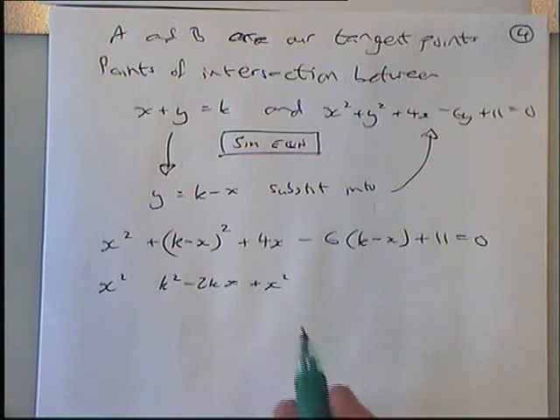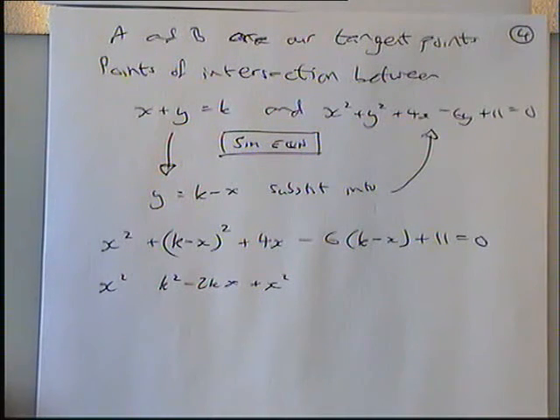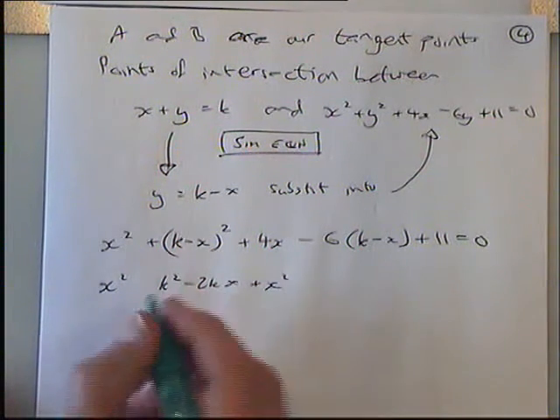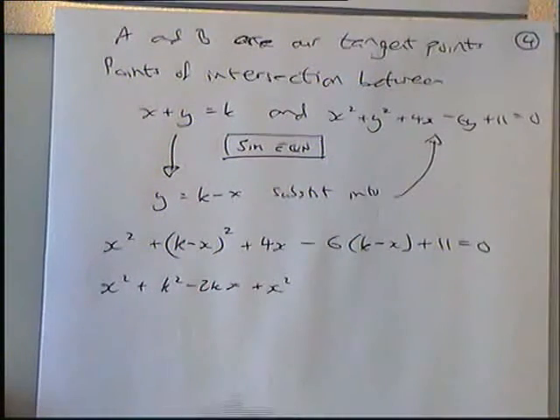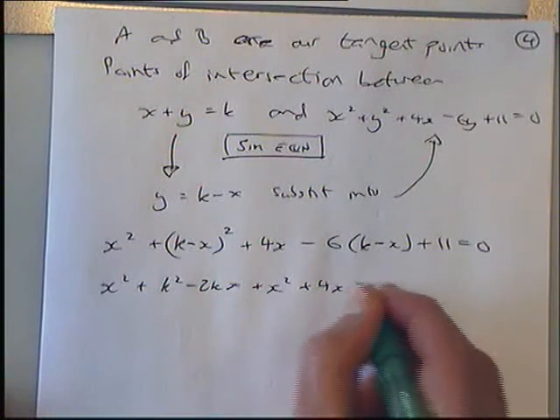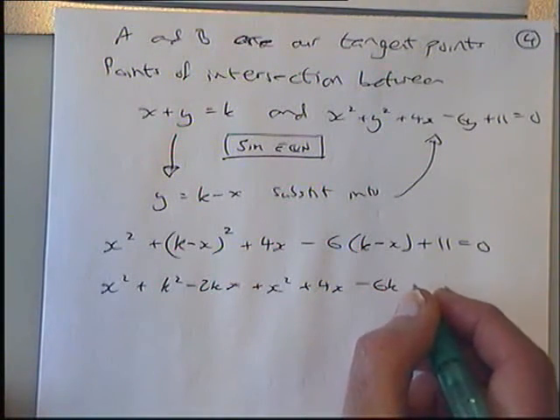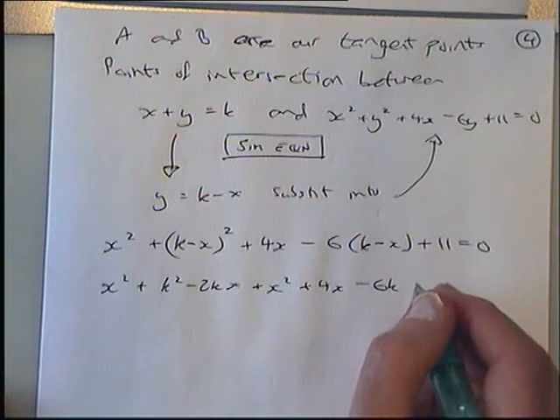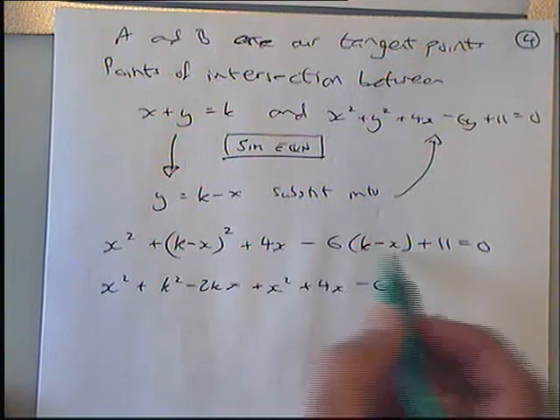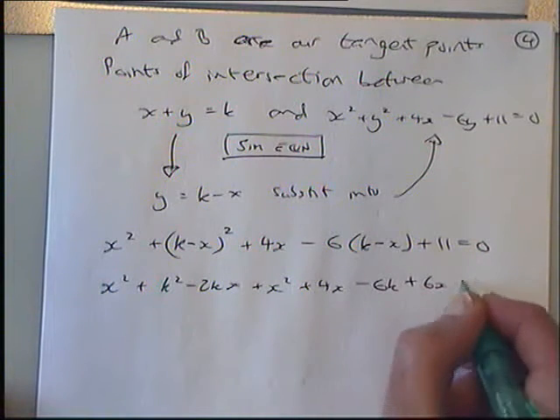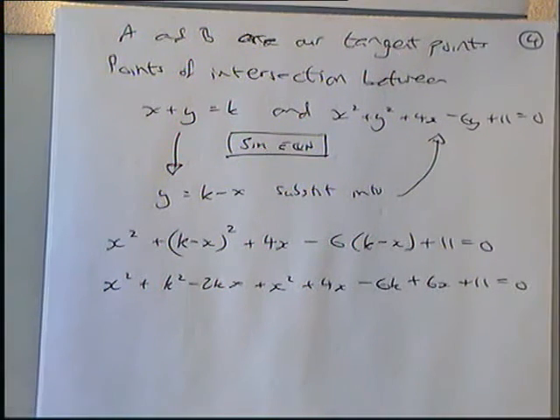That's just a normal way of writing it. There's nothing wrong with the order you said it in. That's being added on, so I haven't got to worry about any minus signs being brought in from anywhere else. Plus 4x minus 6k minus 6x. Yeah, plus 6x. Two minuses, I make that plus 6x. Plus 11 equals 0. Okay.